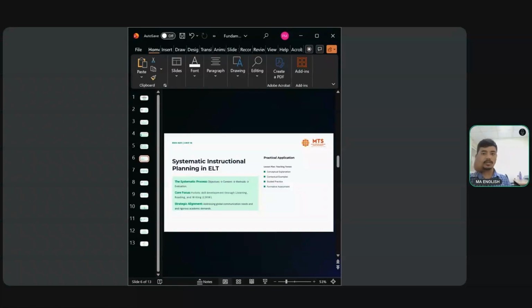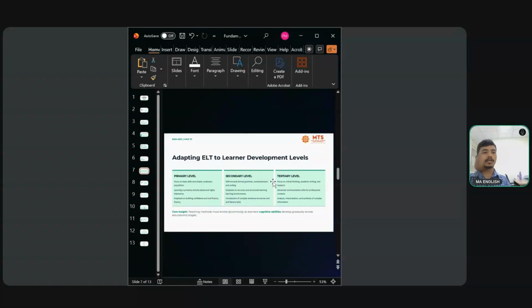Okay, now let's move on to Unit 17. That is adapting ELT to learner development levels. So this brings us to a question that every language teacher must ask. Who are my students?